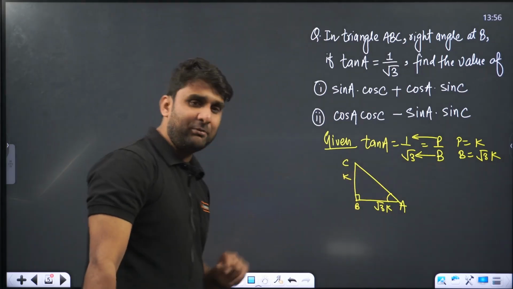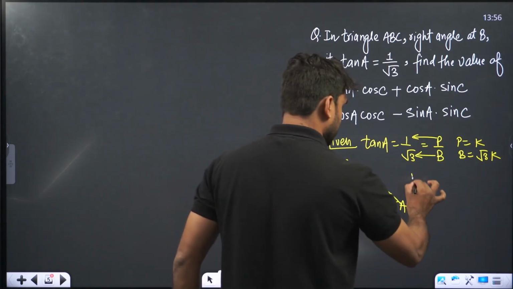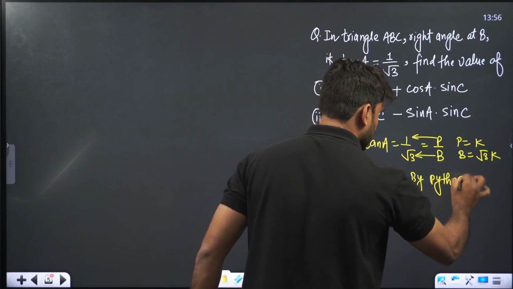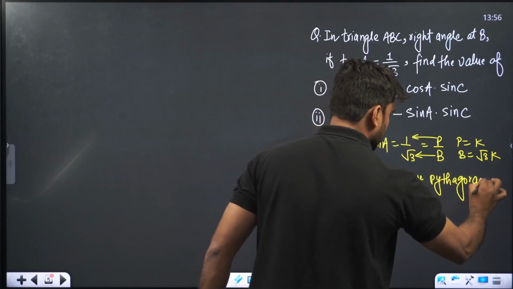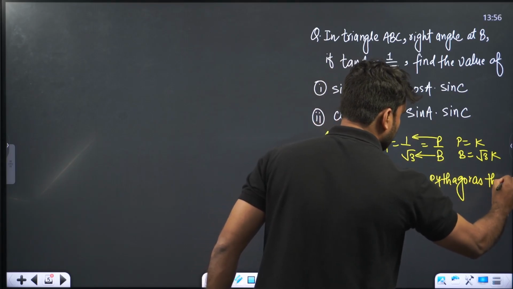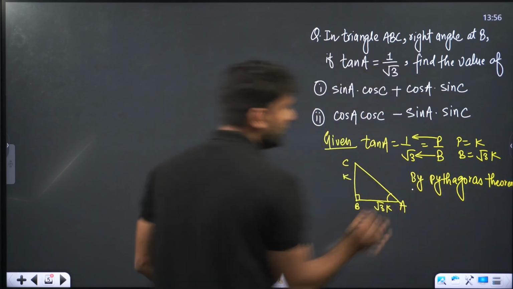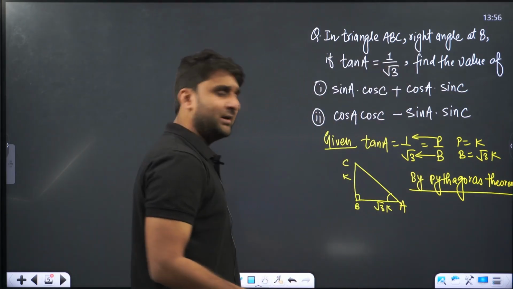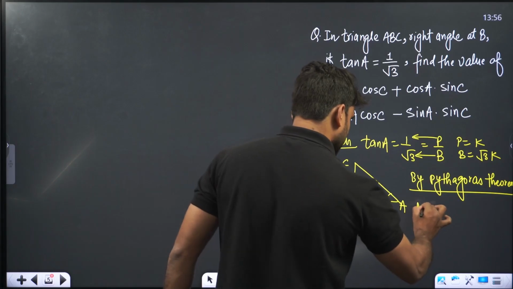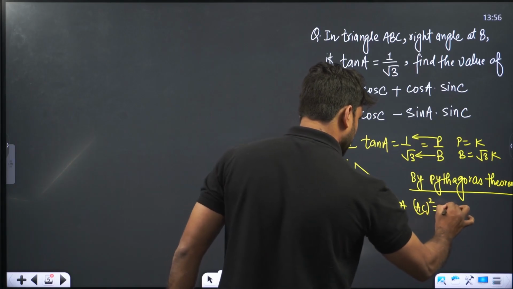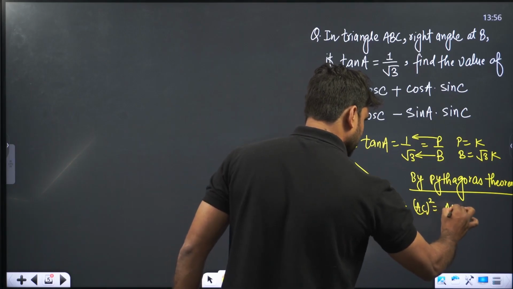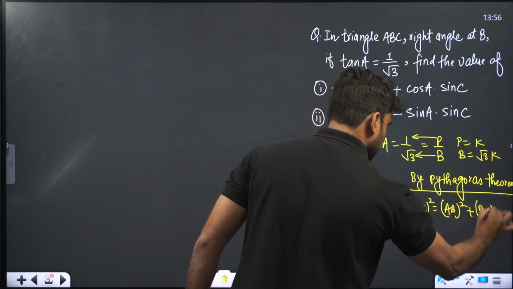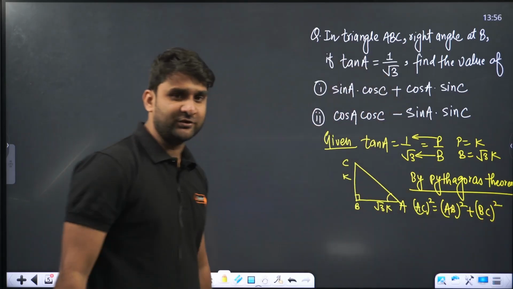So what will be the hypotenuse? We require the hypotenuse. So by Pythagoras theorem, let's apply it. In Pythagoras theorem, we all know hypotenuse square is equal to base square plus perpendicular square. Everyone knows this.